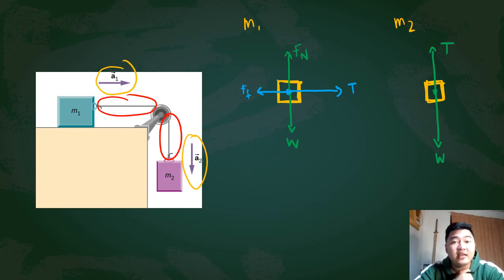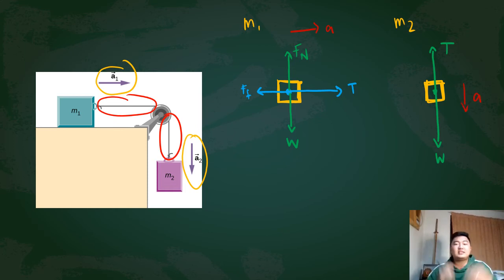It doesn't have any forces along the x-axis. So this will be our free body diagram. Now, even though it's not part of the free body diagram, you can indicate the acceleration of our objects. So this is our free body diagram for these two.